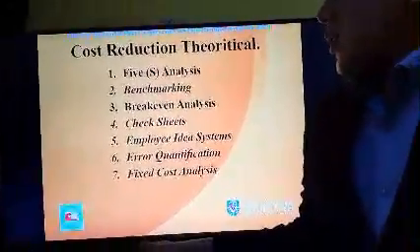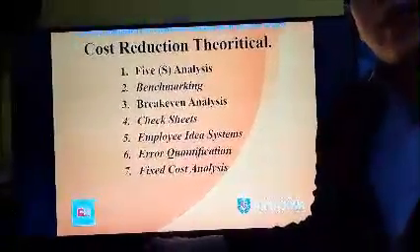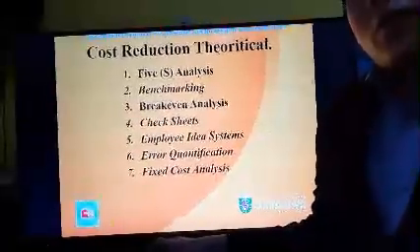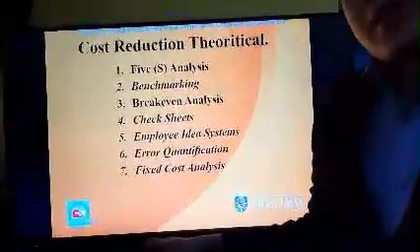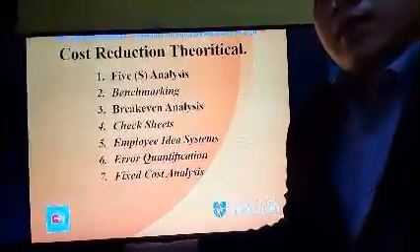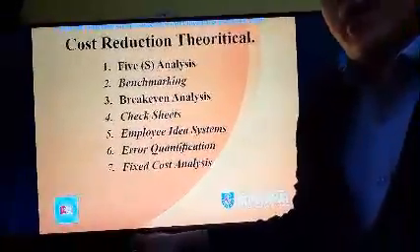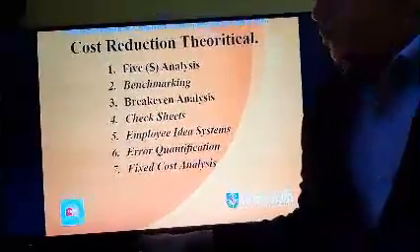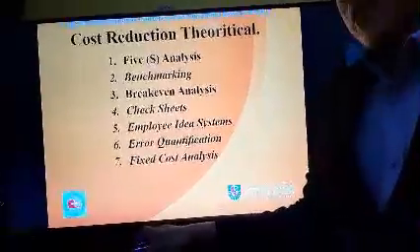The check sheet is very important for both production and maintenance. Operators and maintenance usually check the production machines, the critical equipment, every morning and before they go home. Fifth, the employee idea system.